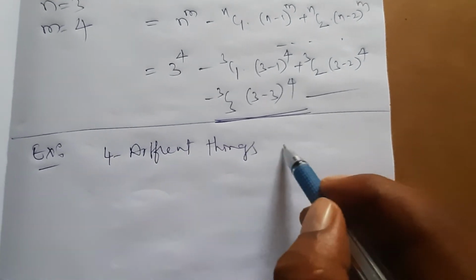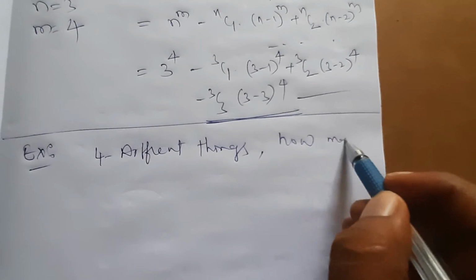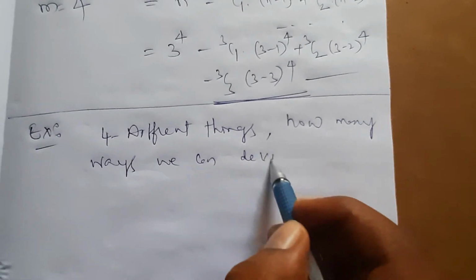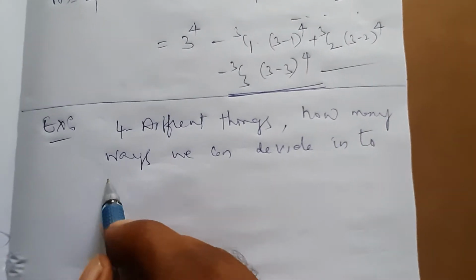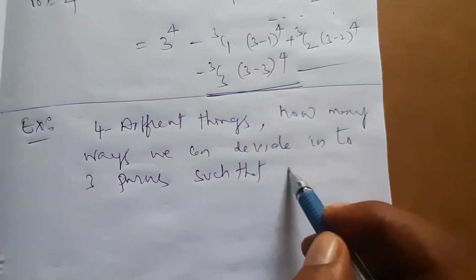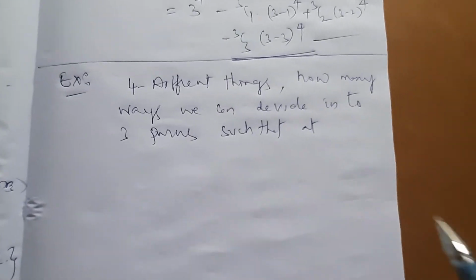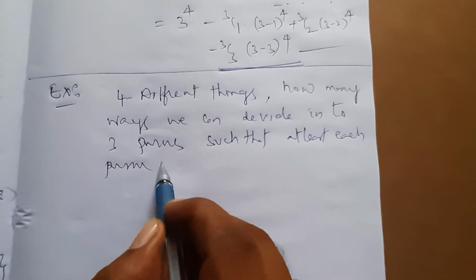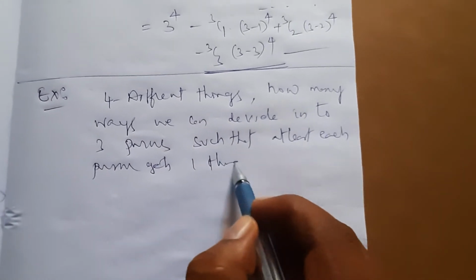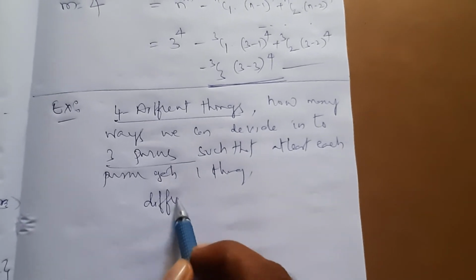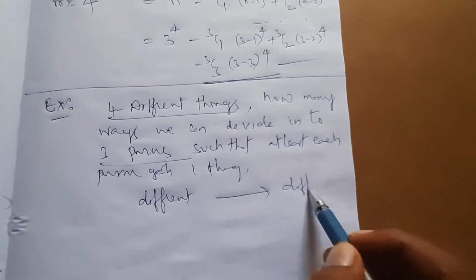How many ways can you divide them among 3 persons such that each person gets at least one thing? This is the bit they will ask. So if you observe, different things are there, and 3 persons means different. So different things are assigned to different persons.